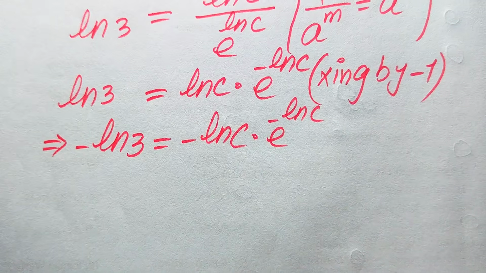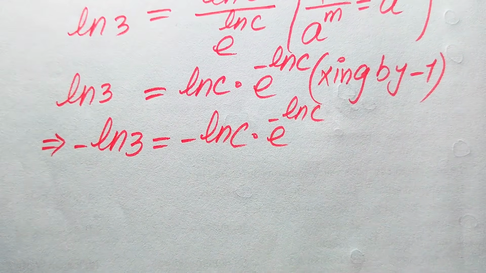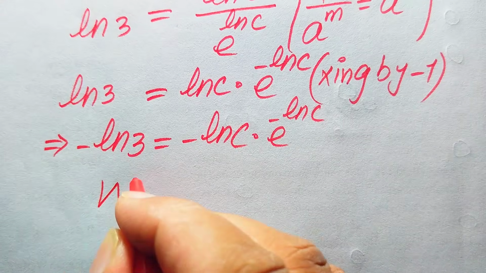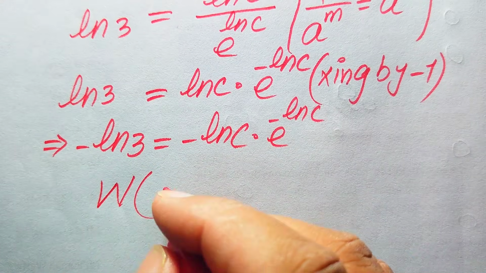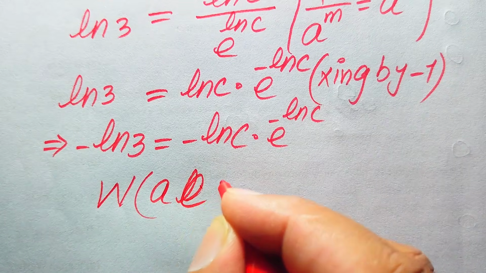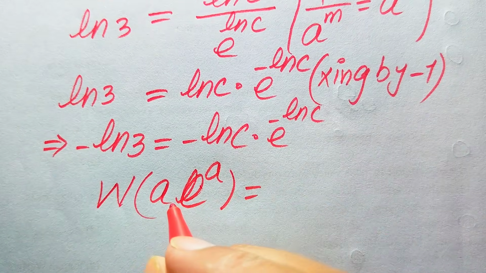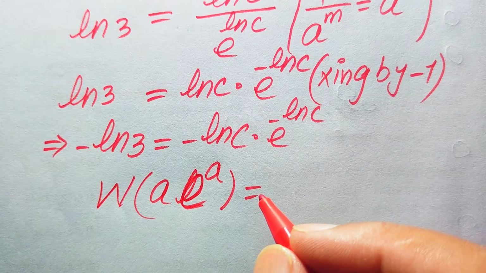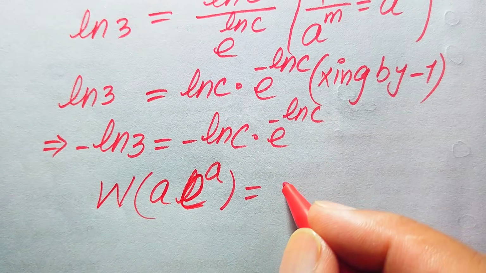And now here we introduce the nice Lambert W function. We can solve this problem with the help of the Lambert W function. The Lambert W function is stated as: if we have a times e to the power of a, the output of W is equal to a.